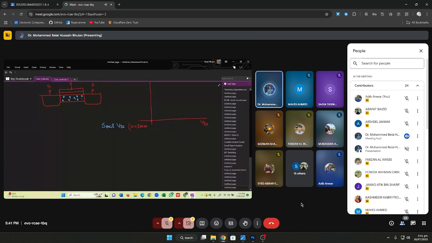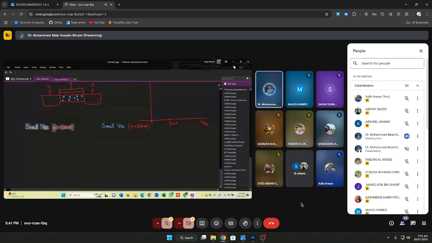Within this range, I can apply a smaller gate voltage or a bigger drain to source voltage. I'm going to say what happens, but I'm not going to say why it happens, right?